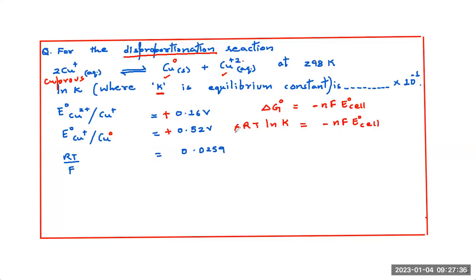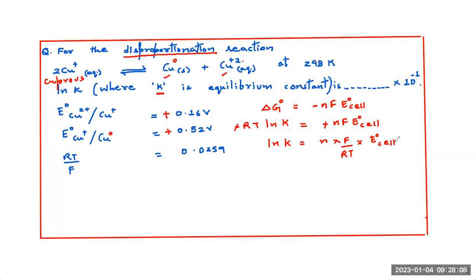As a result, this gets cancelled and we have natural log of K is n into F upon RT into E naught cell.